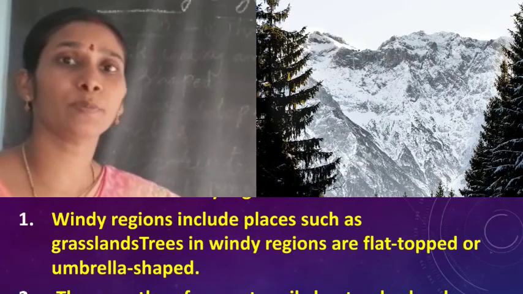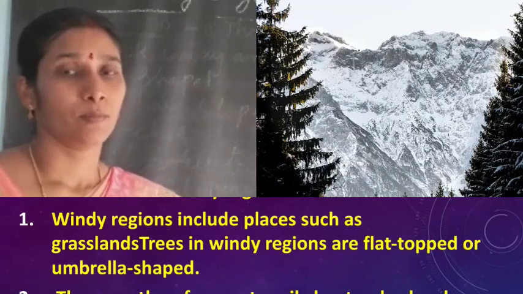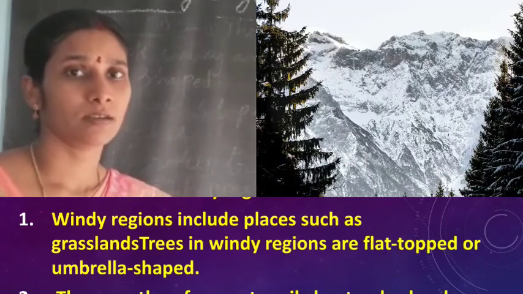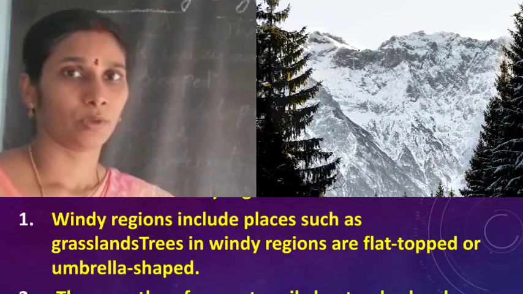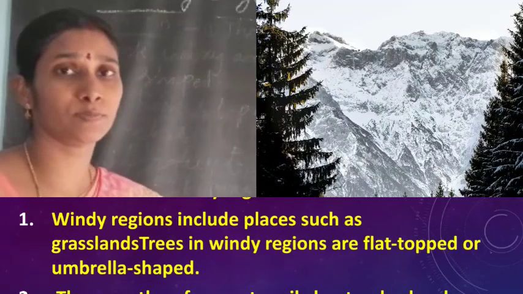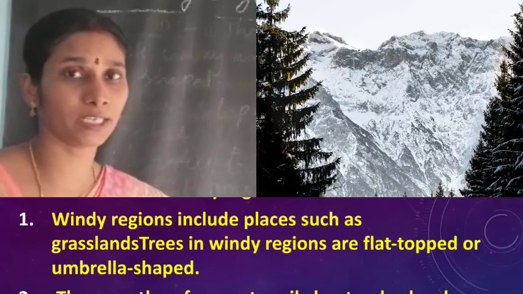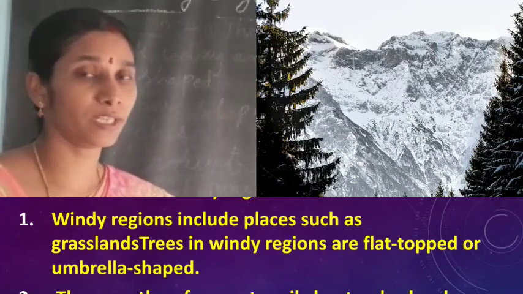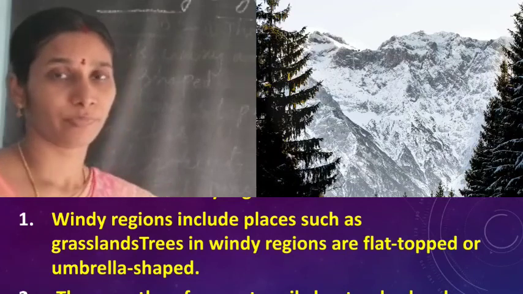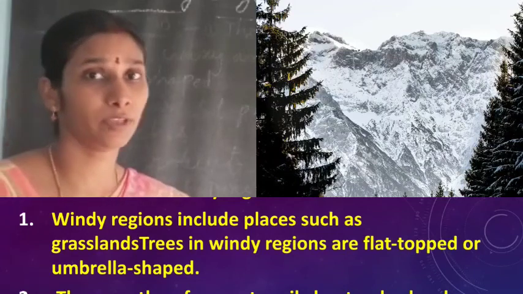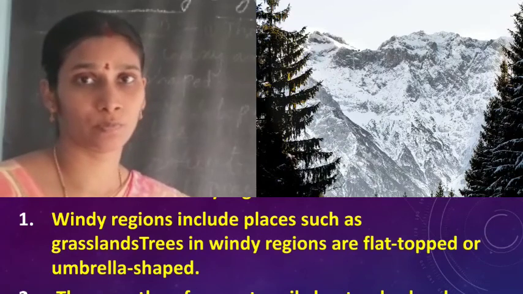What is meant by grassland? An area mostly covered with grass is known as grassland. So windy regions are places that include grassland. In these windy regions, even though there is a lot of wind, plants may grow.